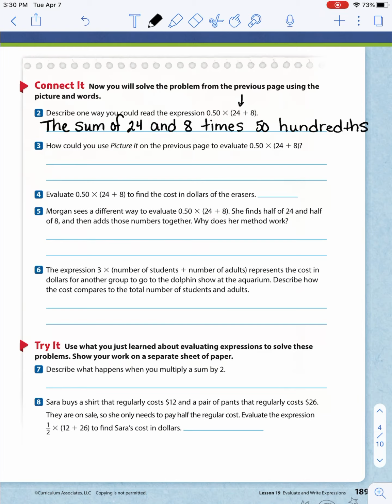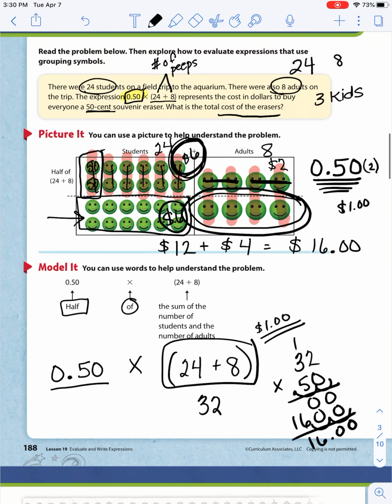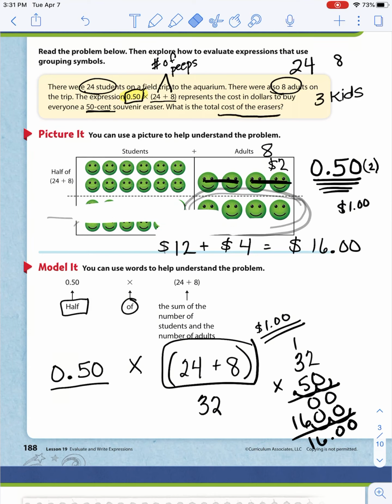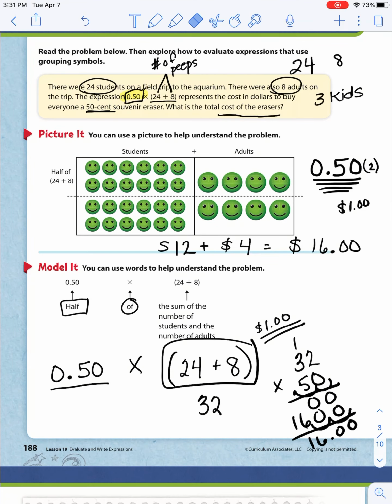Okay, so let's take a look at number 3. How could you use picture it on the previous page to evaluate 50 cents times 24 plus 8? I'm not going to answer that one in words because I pretty much explained it up here. I know it's a giant mess now, but the picture it is really showing you how you can divide up your groups in half and make your 50 cents be $1.